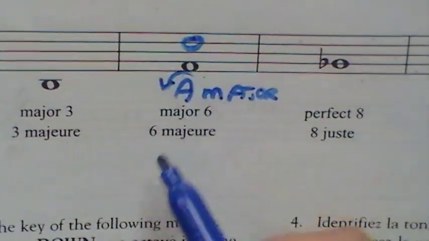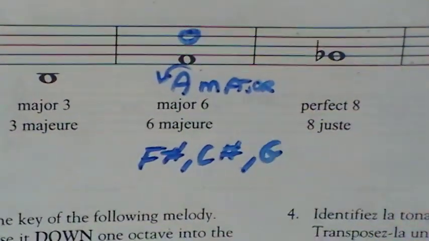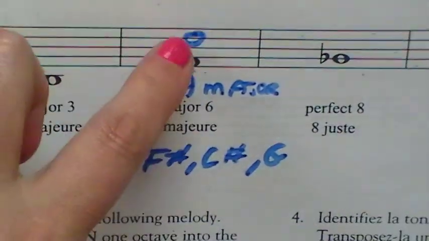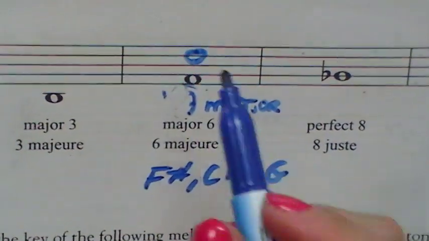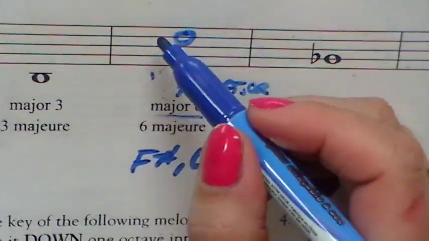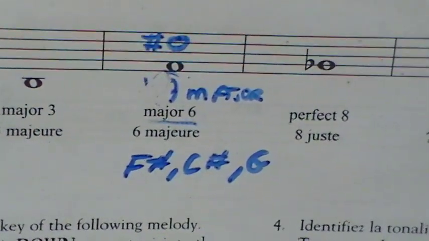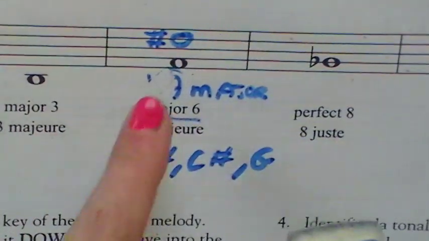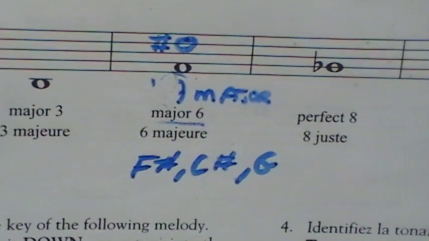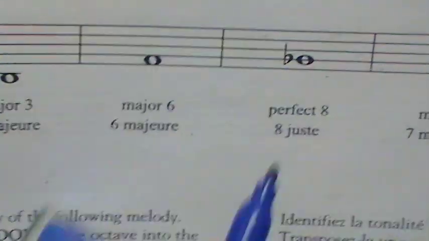What comes before A? So it's Father, Charles, goes. So who is that name there? So they want a major sixth. So to make this a major sixth, I would have to put a sharp right in front of that note. Just so that we make it so that in the scale of A major, yes, I would play an F sharp like that. So therefore, it's a major interval.